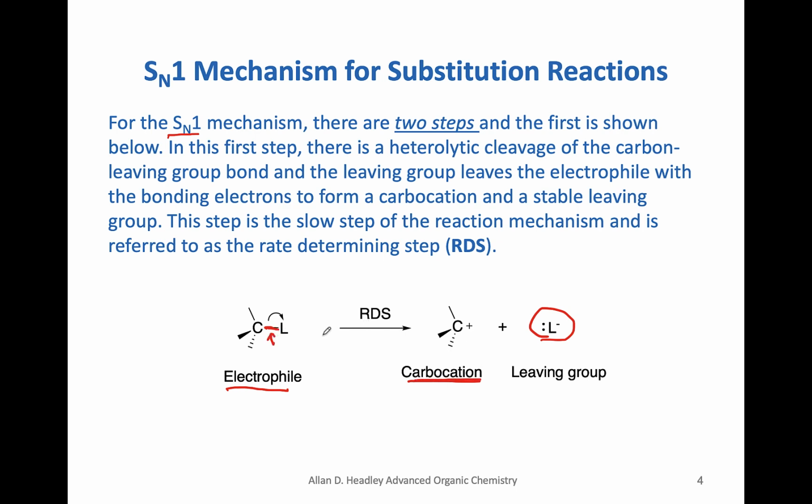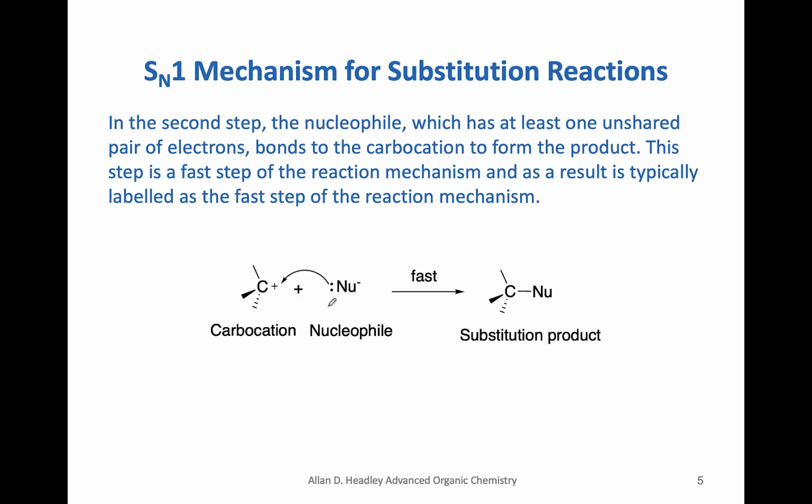As you can imagine, that's a slow step requiring energy because a bond is broken. So this step is called the rate determining step. You will recall from previous lectures, the rate determining step determines the overall rate of a reaction.